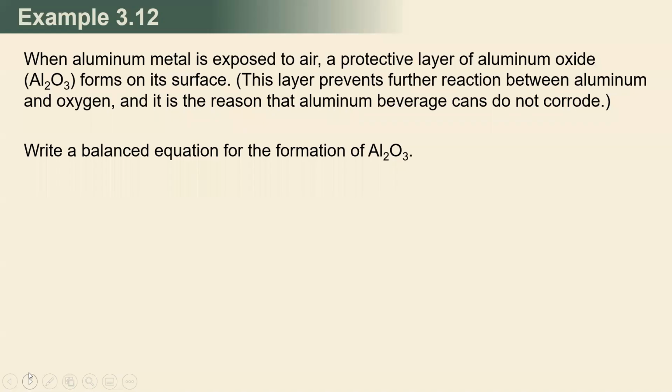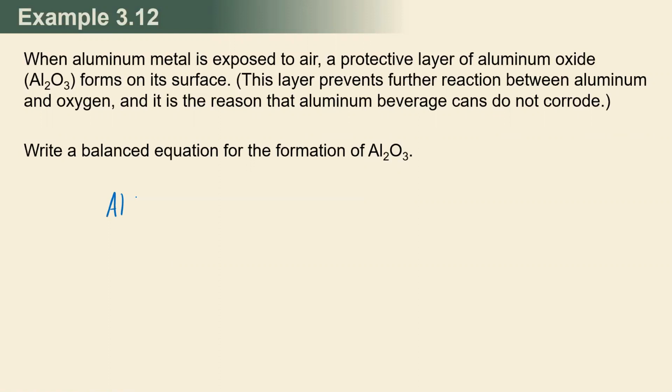All right, so here's one. Aluminum metal reacts with oxygen to form aluminum oxide. And so what is this equation going to look like? Catherine, what's my first element going to be? Your first element is going to be Al.